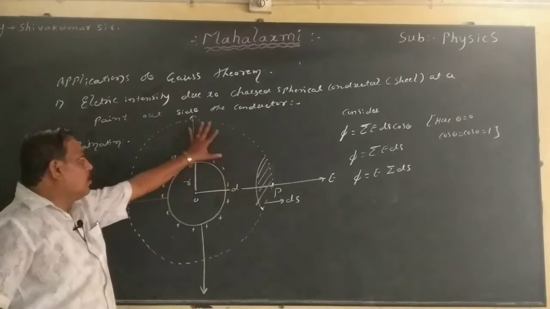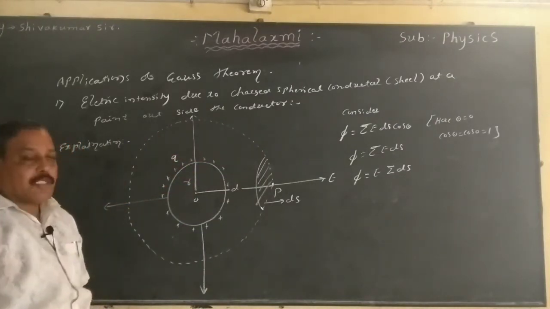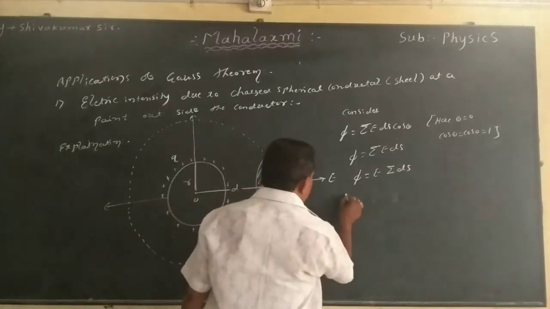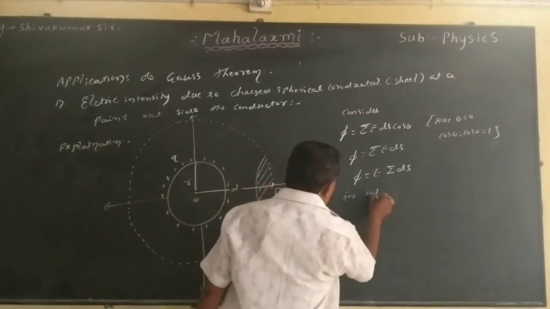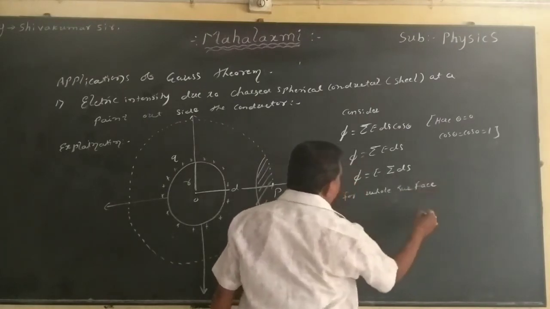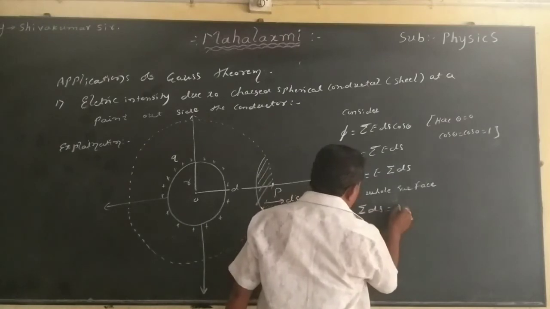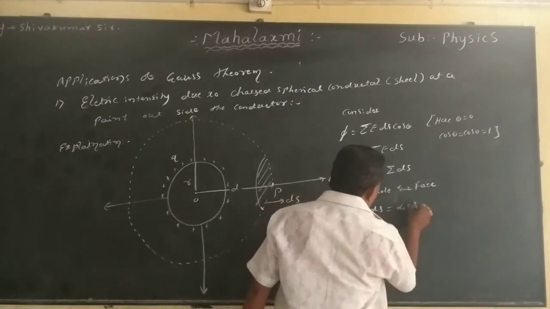If I consider the whole surface area, the sum of ds is equal to 4 pi r square.